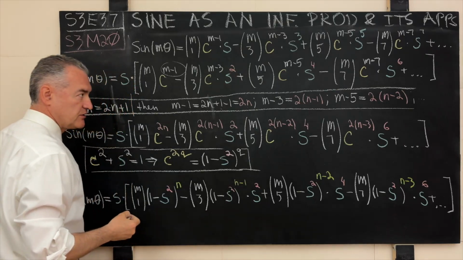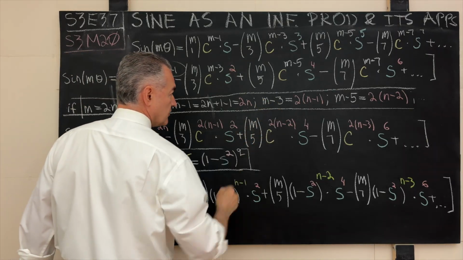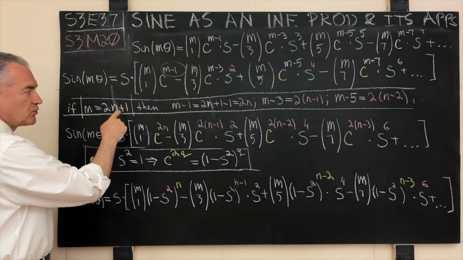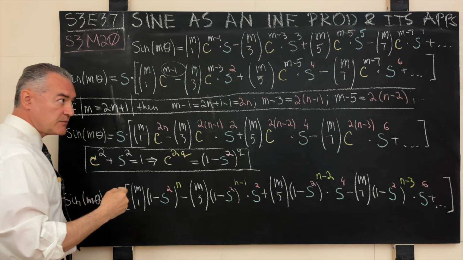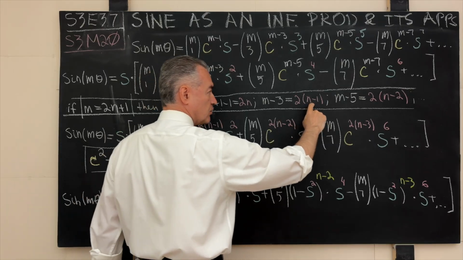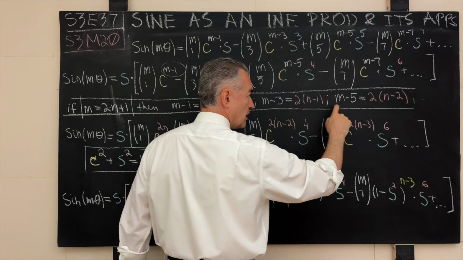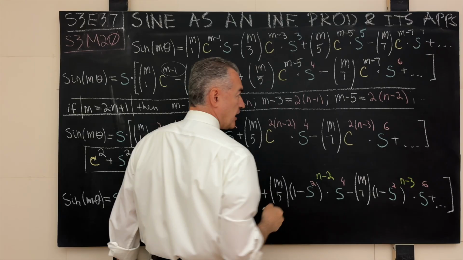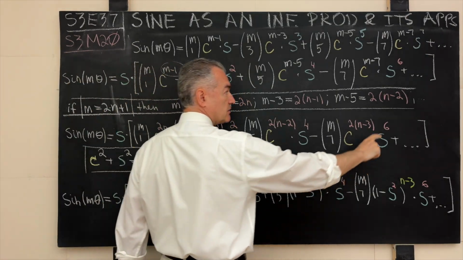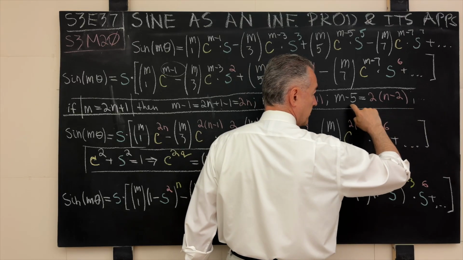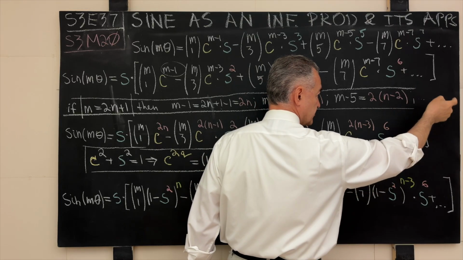Bam, we have our even number. M minus 3 will be what? 2n plus 1 minus 3 is 2n minus 2, factor 2 out, 2 times n minus 1. Bam, we have our even number. M minus 5: 2n minus 4, factor 2 out again, 2 times n minus 2. For M minus 7, it will be 2 times n minus 3, and on and on.